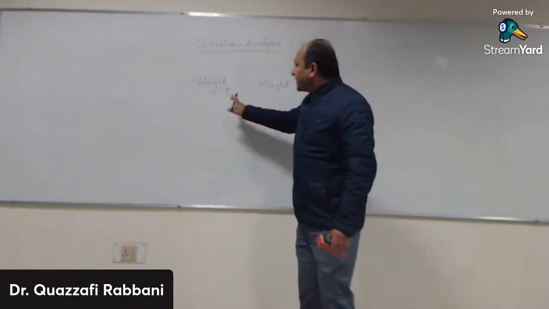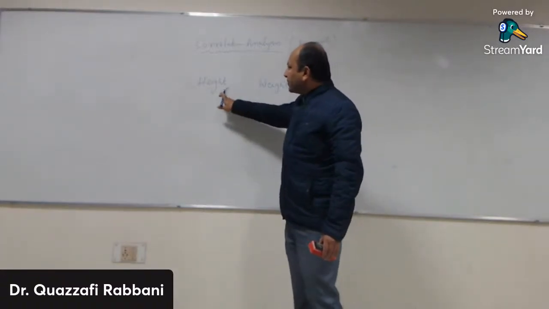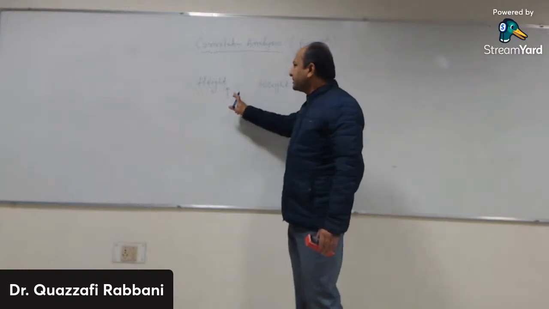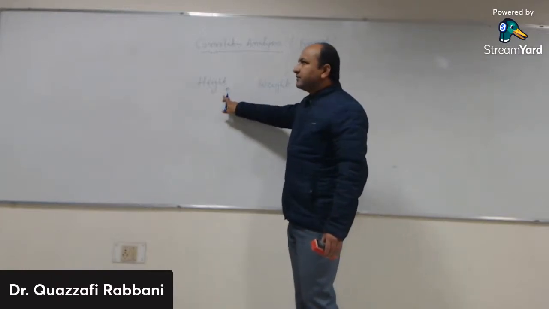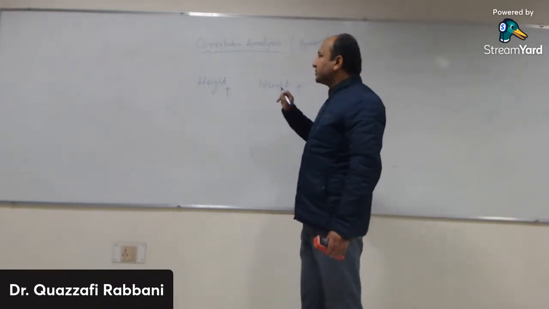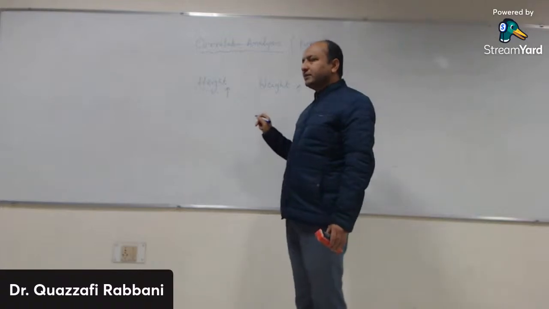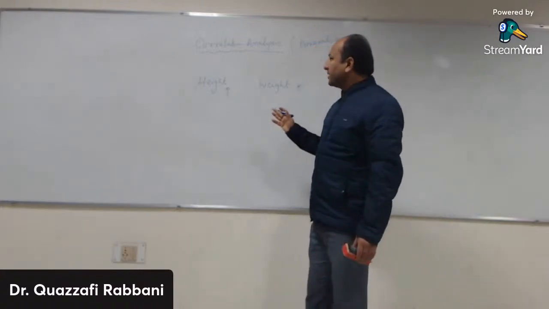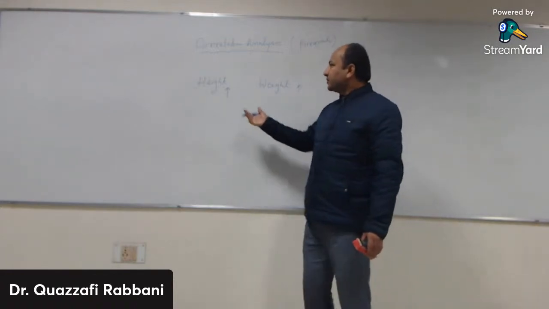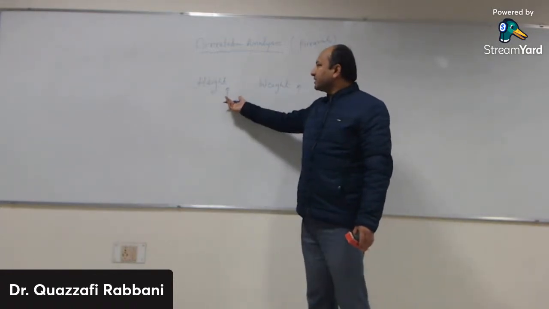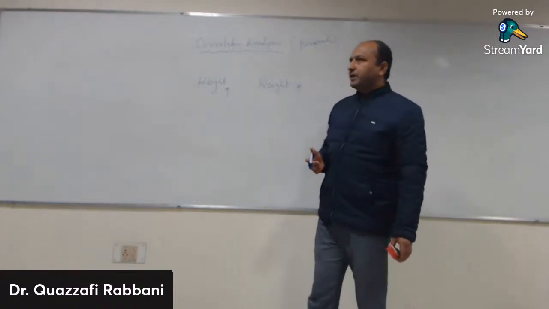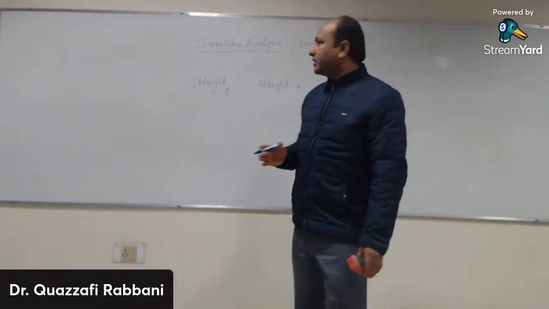The direction of correlation: both variables have the same direction, meaning height is increasing and weight is also increasing. So both are increasing, and these two variables are correlated. And which type of correlation? This is positive correlation, because the directions of both variables are the same.